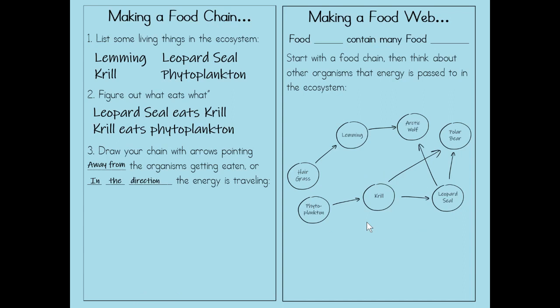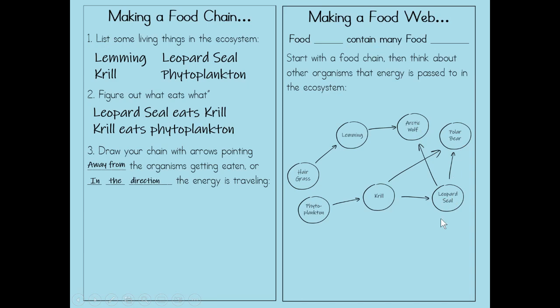Now, from that original food chain, all you need to do is think about other organisms that energy is passed to. So, in our original food chain, we had the phytoplankton to the krill to the leopard seal, and then a polar bear might eat the leopard seal, or an Arctic wolf might eat a leopard seal.